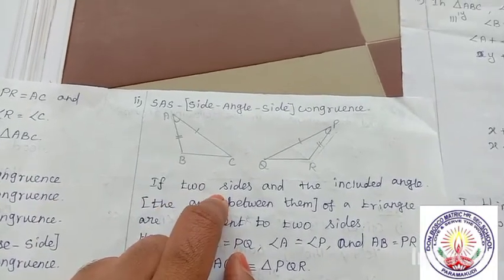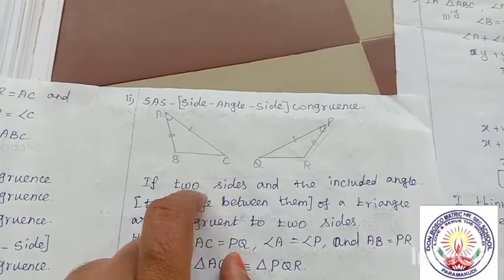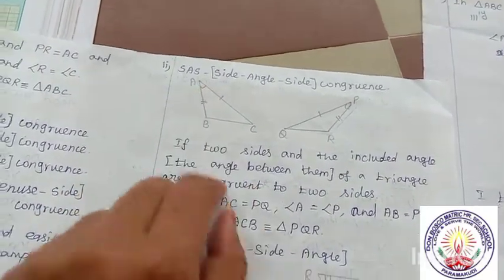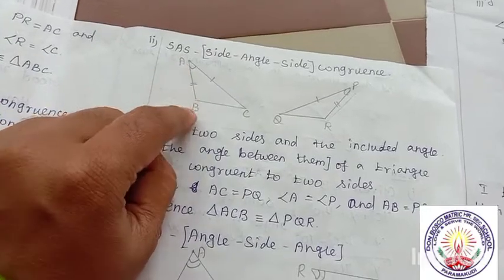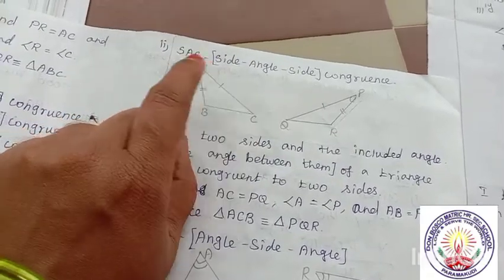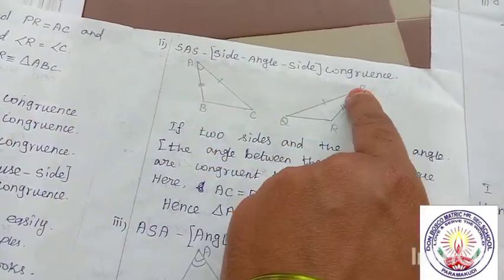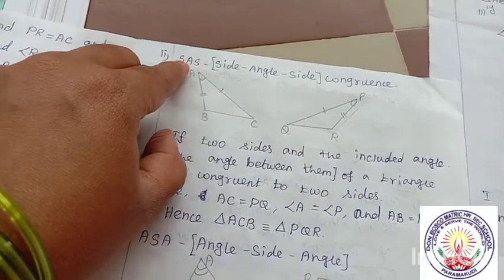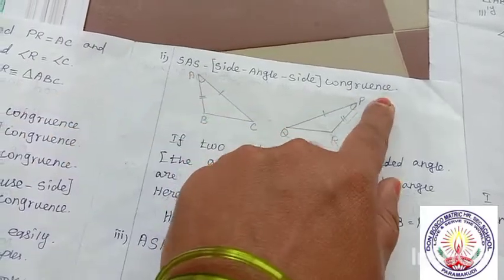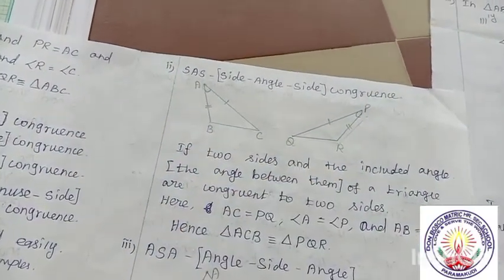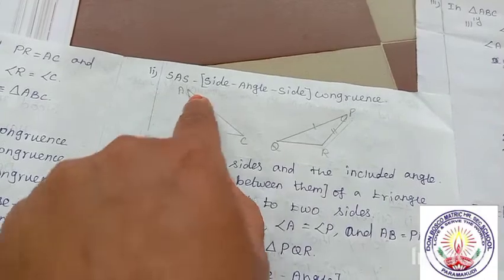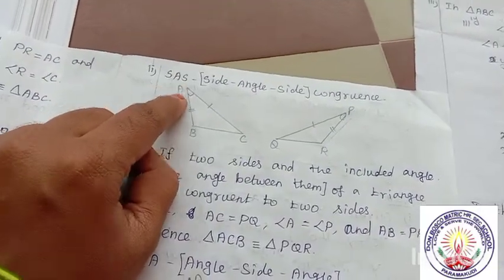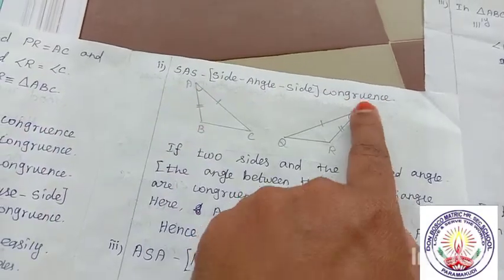If two sides and the included angle are equal, next compare. AC is one side, AC is equal to PQ. Next angle, angle A equal to angle P. Next side AB equal to PR.